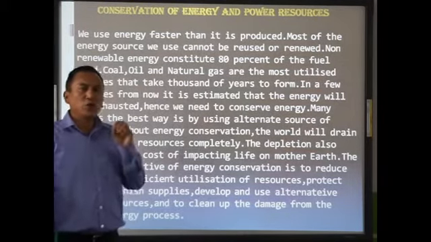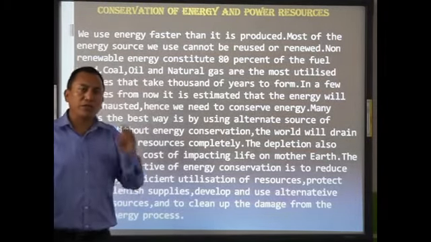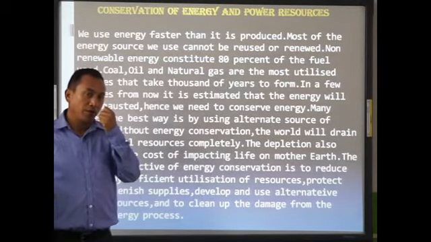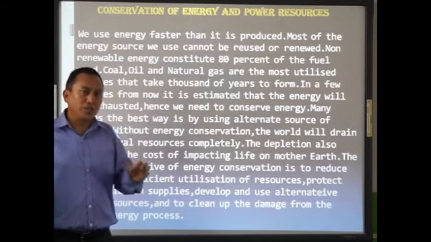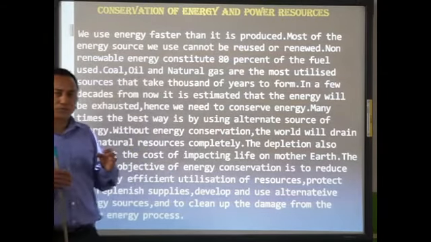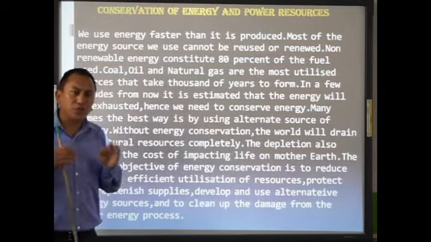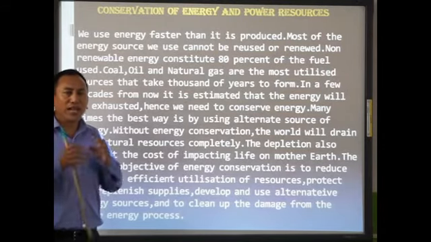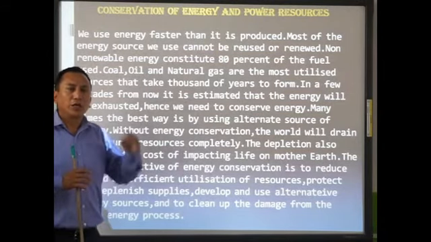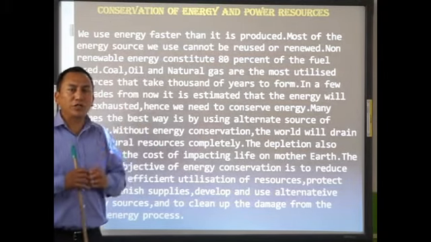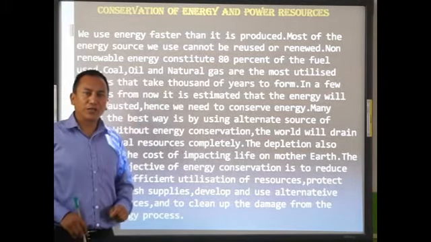The conventional sources of energy like coal, petroleum and natural gas have been used for centuries. And at the rate at which we are using this energy, a day will come when it will get exhausted. So what do we do? At that time, the other option is using renewable, non-conventional sources of energy.